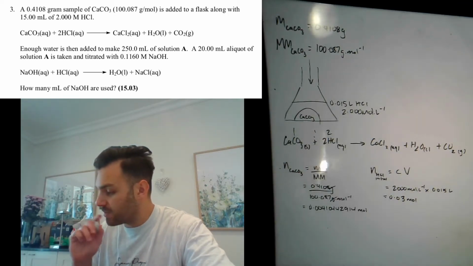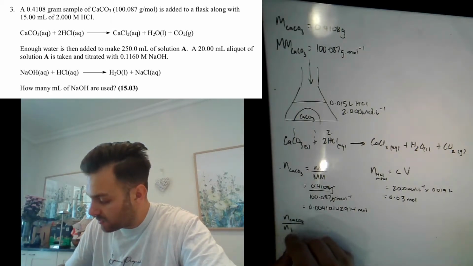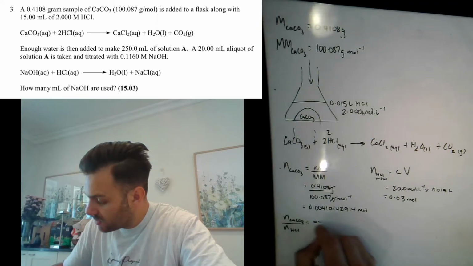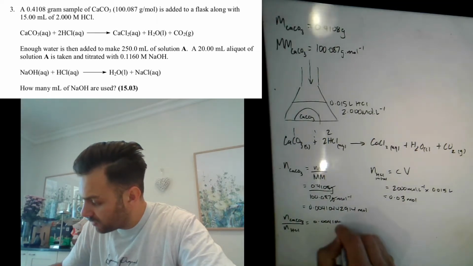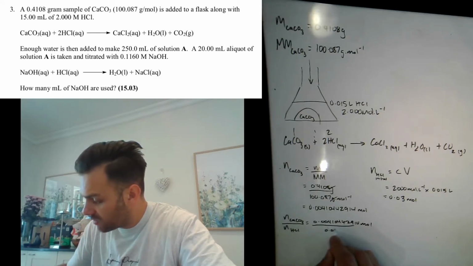Here, okay, the ratio up here, this is 1 to 2. Okay, so which one's limiting? And let's take a ratio of calcium carbonate to the number of moles of HCl. 0.00410442914 moles divided by 0.03.